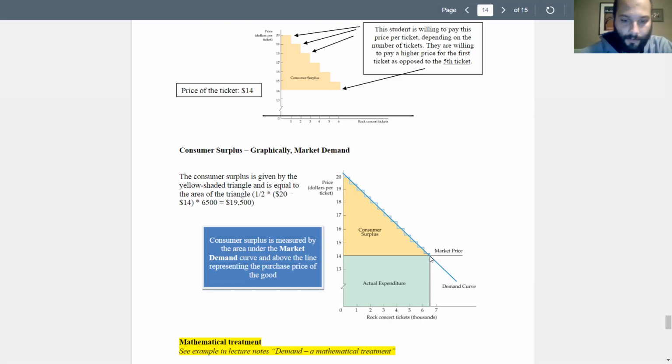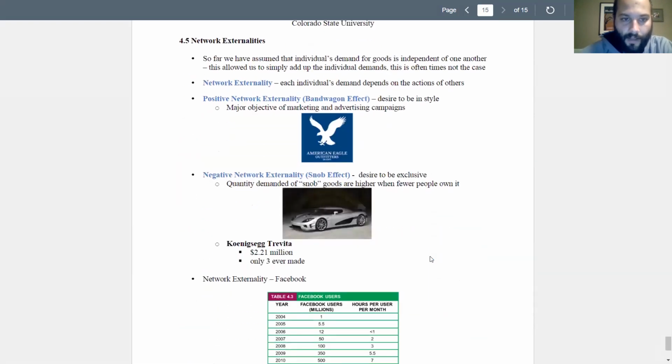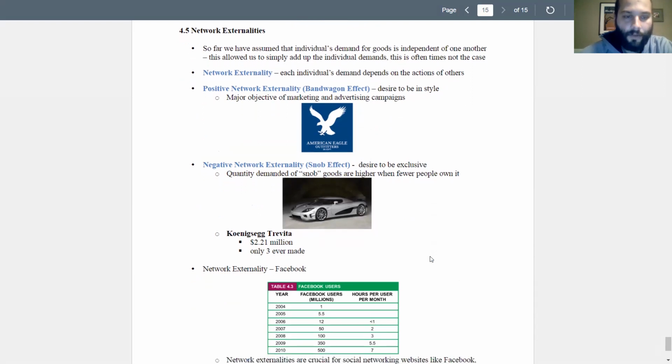Our last topic then for this midterm will cover chapters, just a couple topics, really some definition stuff out of chapter 1, and then mostly 2 through 4. So we've assumed so far that individuals' demand is independent of other people's demand. Then we can just add up total individual demands as the sum of market demand.